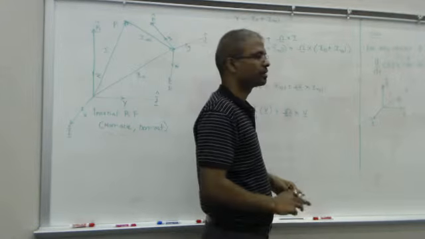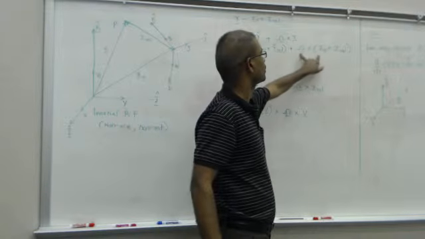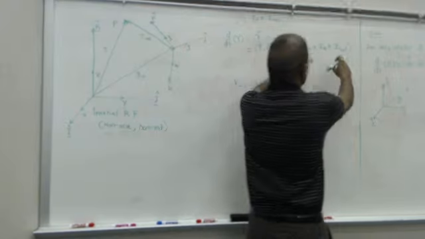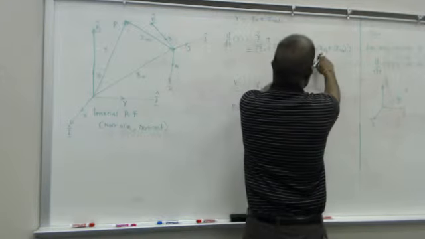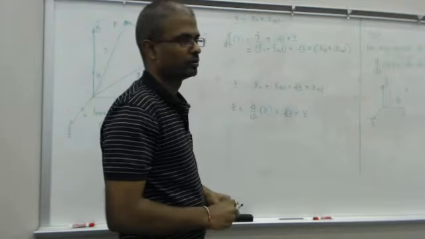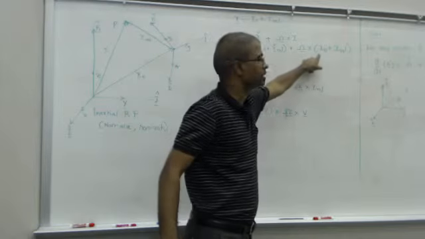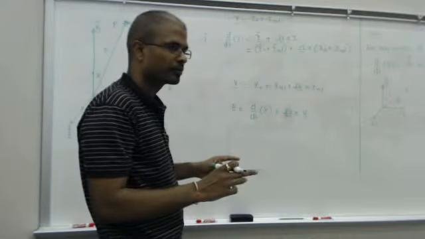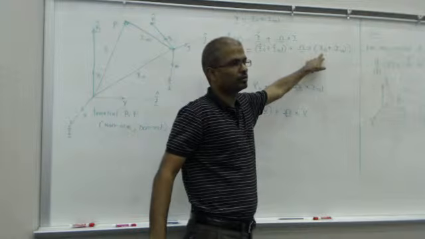So if you have a cross, you just cross this and you cross this. This is essentially 0. This and this, they are the same thing. R naught is not changing.